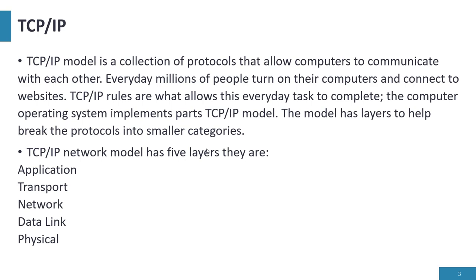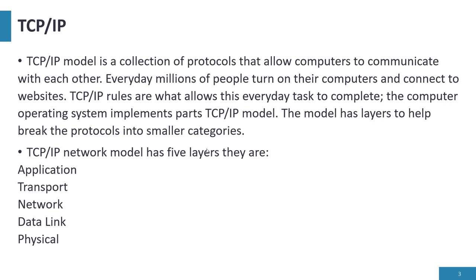The TCP/IP model is a collection of protocols that allow computers to communicate with each other. Every day, millions of people turn on their computers and connect to websites. In doing this, they're actually using the TCP/IP model. TCP/IP rules are what allows this everyday task to be completed.